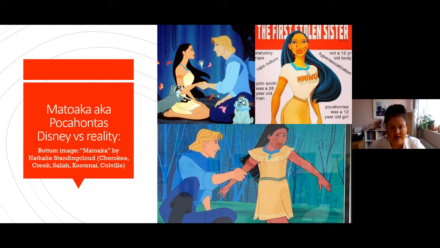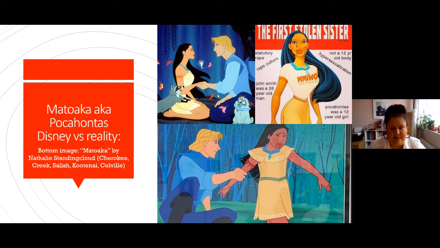So we've got at the top the Disney version of John Smith and Pocahontas in love, a very romantic notion. They play the romance card. But the reality is that when Pocahontas, or Mataoaka, met John Smith, he was 27 years old, and she was actually, studies say, between 10 and 12 years old at the time.